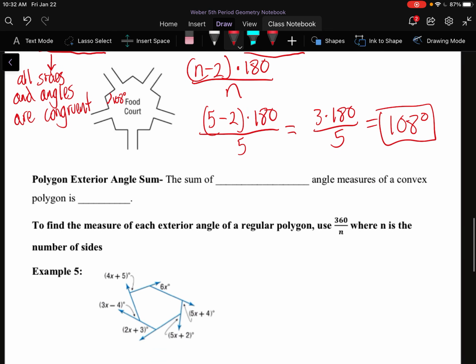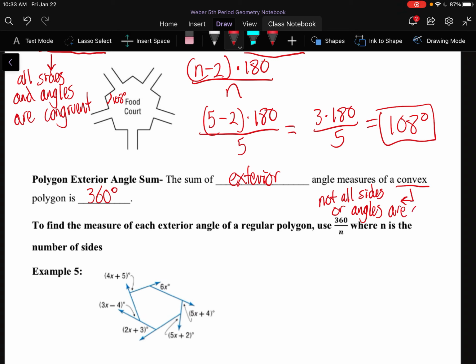Next, we have our polygon exterior angle sum. This says the sum of exterior angle measures of a convex polygon is 360 degrees. Now, a convex polygon means that not all sides or angles are congruent.